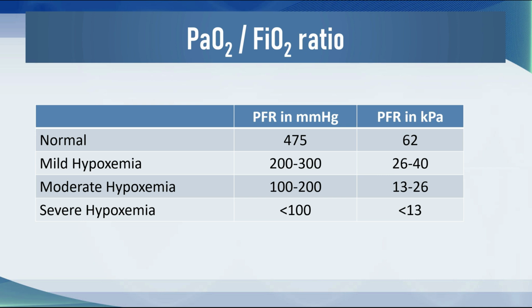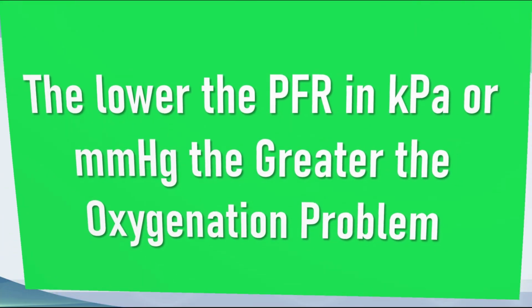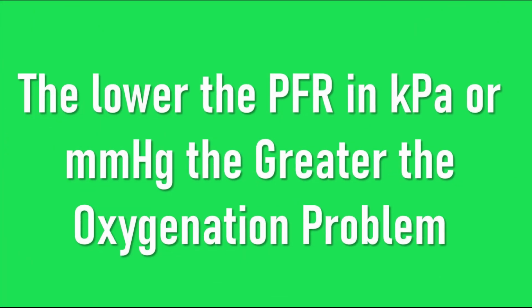So you can see, even though the numbers are different and they're not as nice and roundy in kilopascals versus millimeters of mercury, in either situation, the lower the PF ratio in millimeters of mercury or kilopascals, the greater the oxygenation problem and the more therapy the patient will require to return the PaO2 to a safe level.